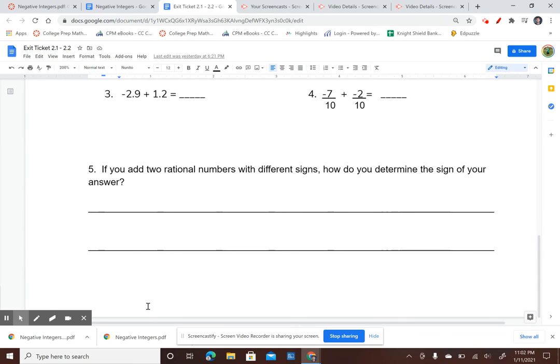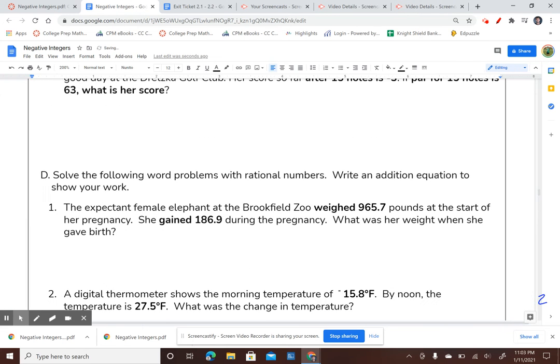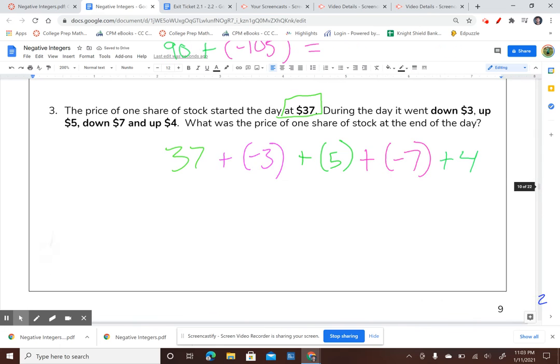If you add 2 rational numbers with different signs, how do you determine the sign of your answer? All right, don't focus on this word rational. It's really just saying if you add 2 numbers with different signs, meaning a negative number plus a positive number, like we see here in problem 3, how do you determine the sign of your answer? So again, think back to that algorithm that we talked about.